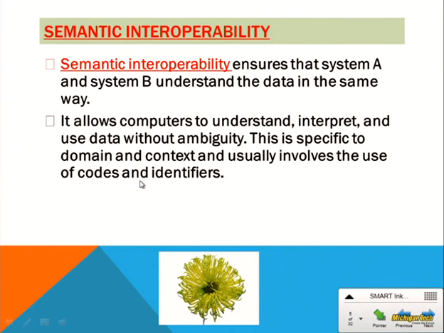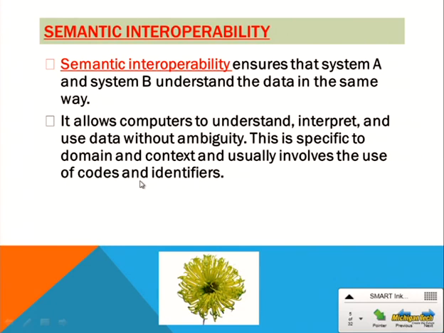Okay? They need to understand now, not just the technical steps of moving data. In fact, semantic interoperability allows the computer to understand, interpret, and use data without ambiguity. So this is what semantic interoperability is about. In fact, this is definitely specific to domain and context, and usually involves the use of codes and identifiers.